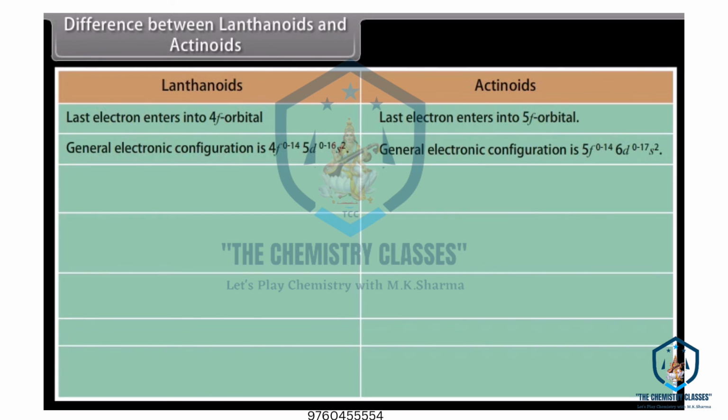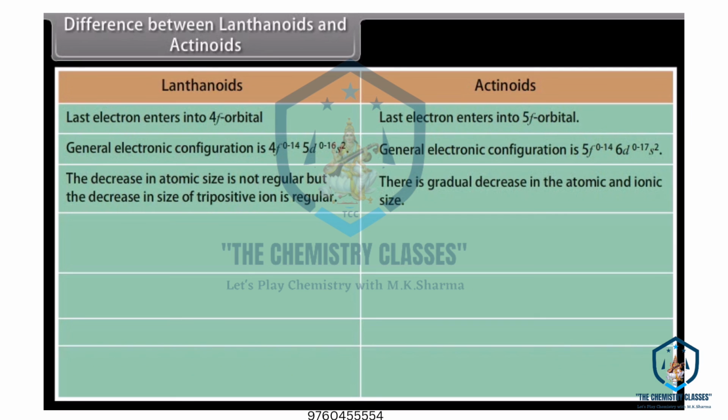In lanthanoids, the decrease in atomic size is not regular, but the decrease in size of tripositive ion is regular. Whereas in actinoids, there is a gradual decrease in the atomic and ionic size.